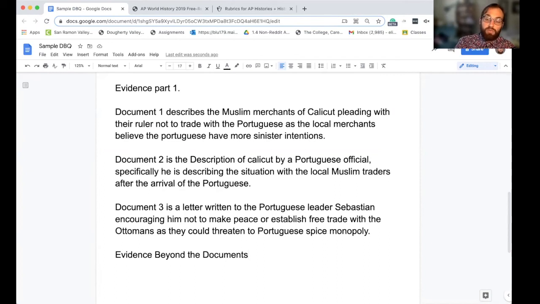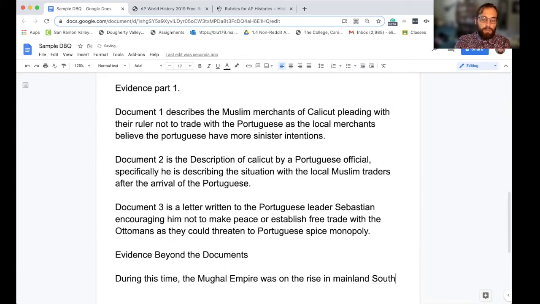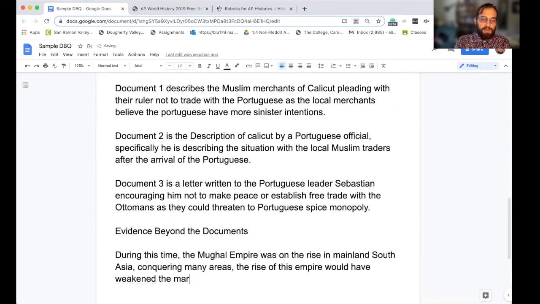Essentially, I'm going to mention that during this time, the Mughal Empire was on the rise in mainland South Asia, conquering many areas. The rise of this empire would have weakened the maritime states of South Asia and allowed the Portuguese to have an advantage and transform maritime trade.